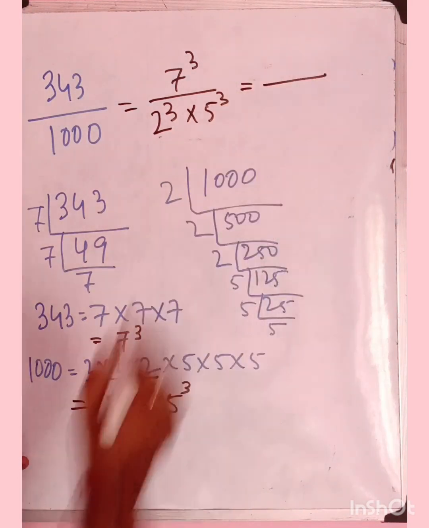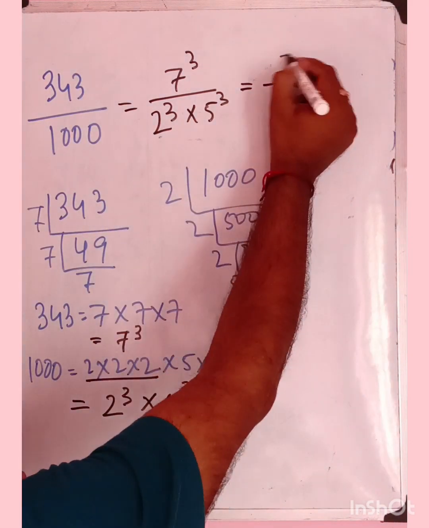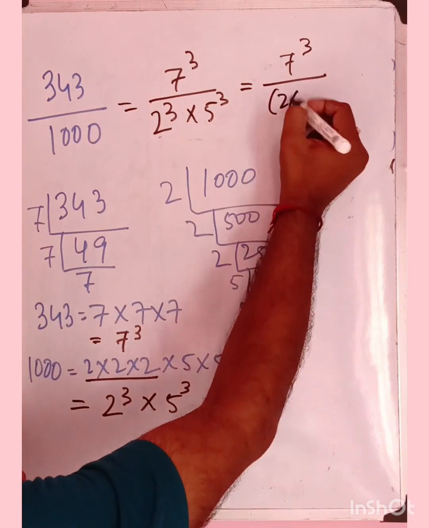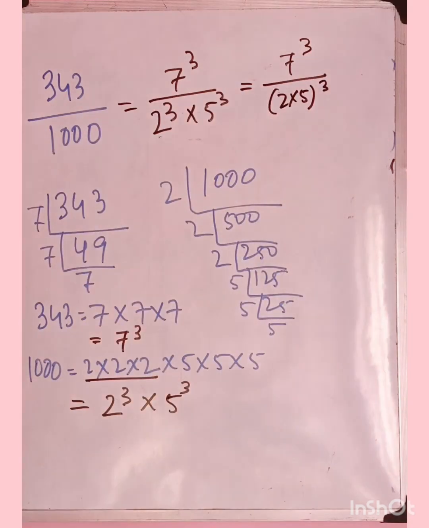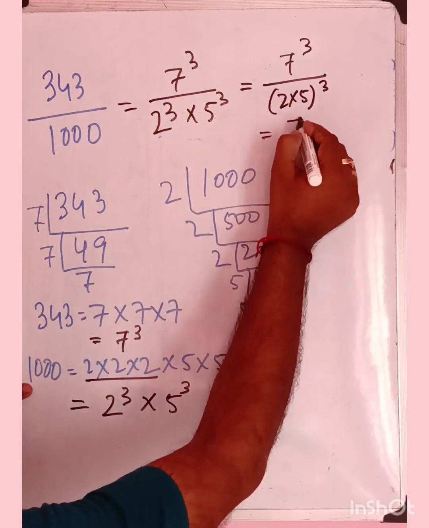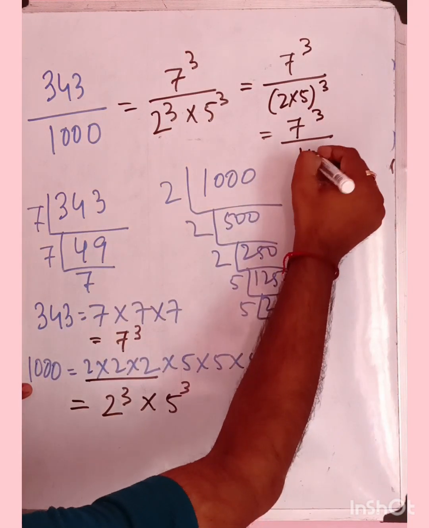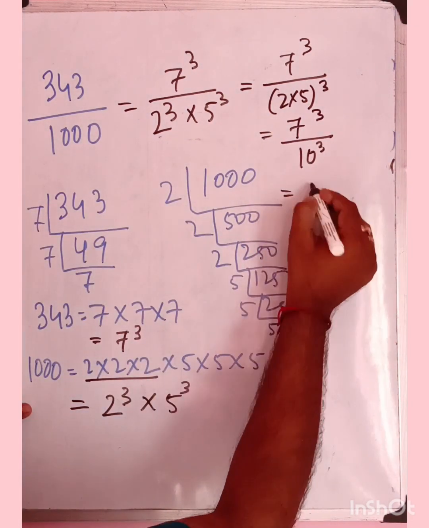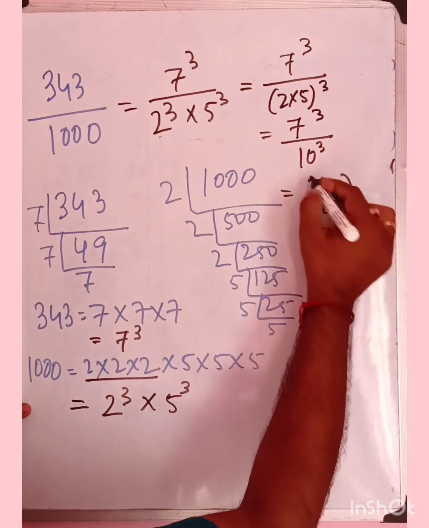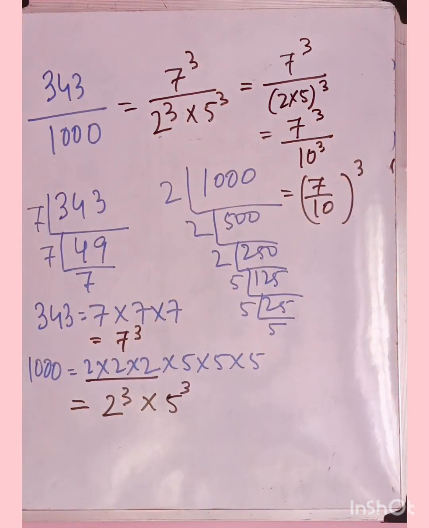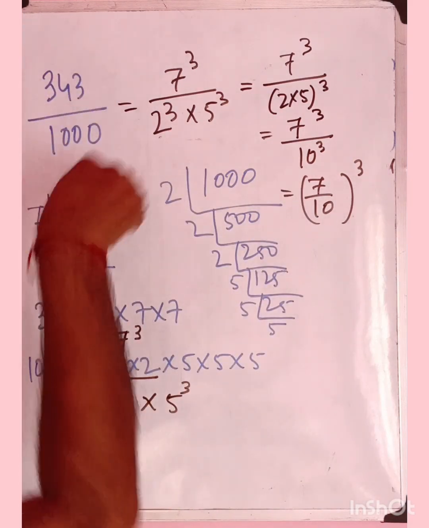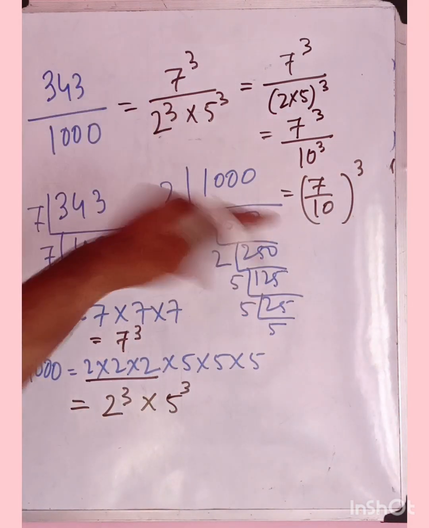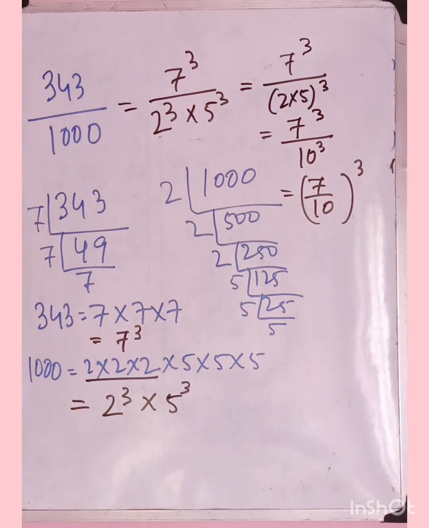So here 7 cube, 2 into 5 cube, that is 7 cube by 10 cube. So finally (7 by 10) cube. This is your answer. Now this rational number is expressed in exponential form.